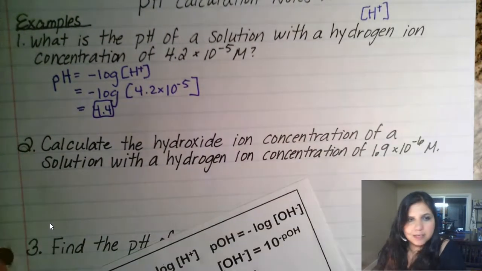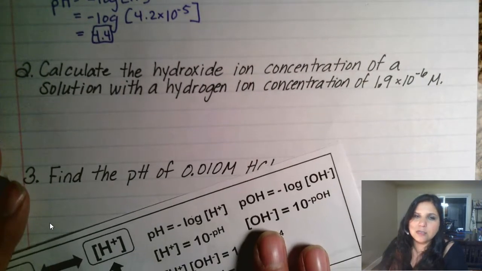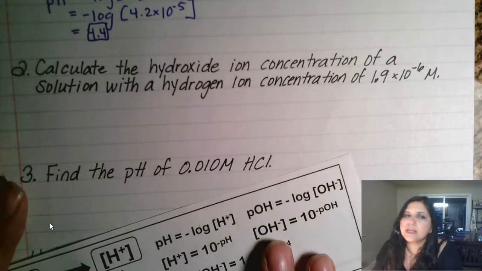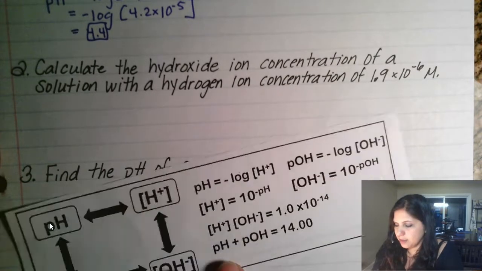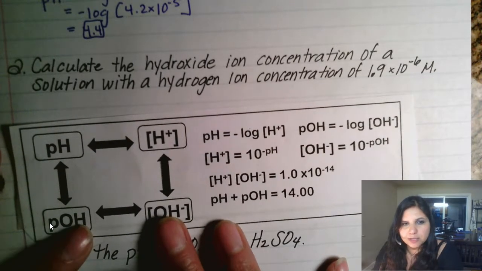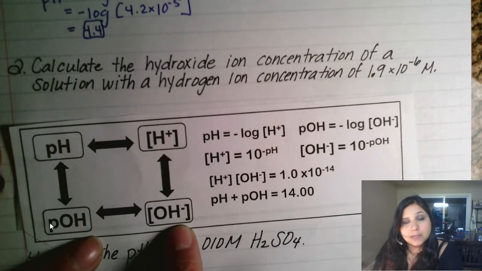All right. Next one says calculate the hydroxide ion concentration of a solution with a hydrogen ion concentration of 1.9 times 10 to the minus 6. So here is my chart. Okay, so we want hydroxide ion concentration, which is here, and we have a hydrogen ion concentration, which is here.